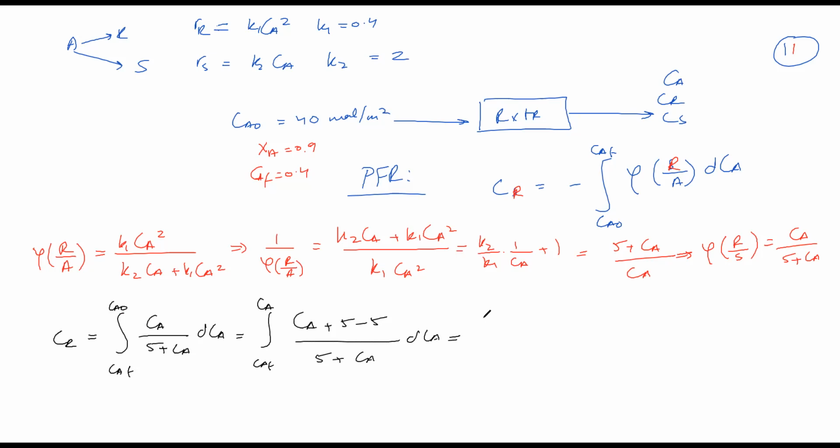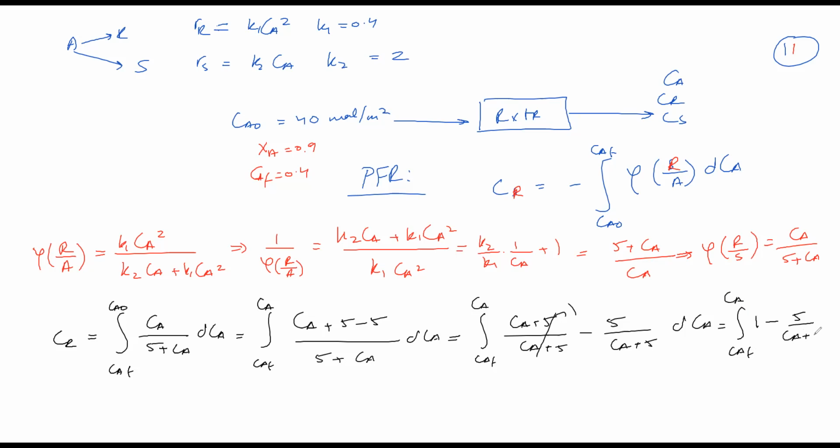So I'm going to get the integral from CAF to CA of CA plus 5 over CA plus 5, minus 5 over CA plus 5, dCA. The first term is 1, so this reduces to the integral from CAF to CA of 1 minus 5 over CA plus 5 dCA.